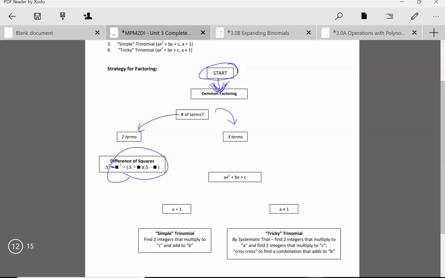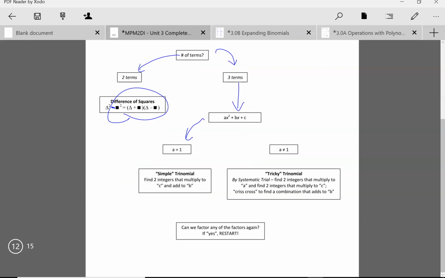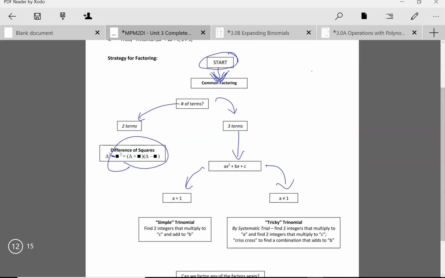If it's a trinomial that looks like ax squared plus bx plus c, we know that there can be either a simple trinomial, which we did a lot of practice for, or a tricky trinomial where a is not equal to 1 and you cannot factor anything out. Hopefully we have solved the factoring problem right there.